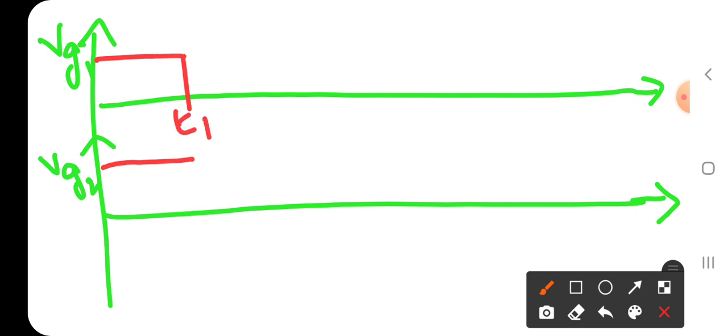Let me assume this is T1. But chopper 1 continues in conduction.